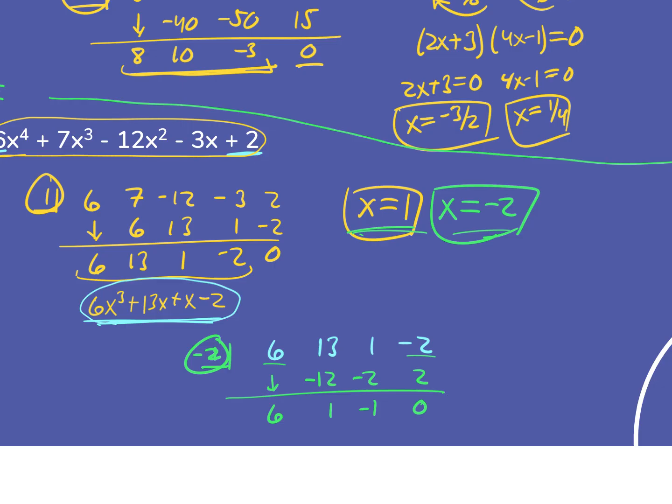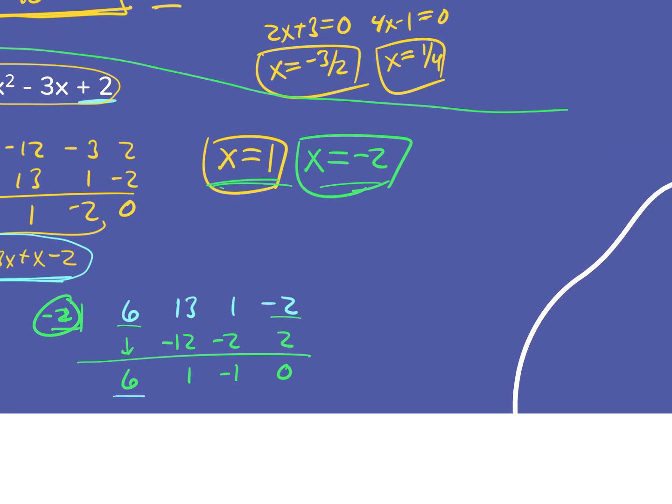Now let's see if what we have left over, with the 6, the 1, and the -1, factors. 6x squared plus x minus 1 equals 0. Factors of -6 that add to 1 are going to be a 3 and a -2. So it does factor.